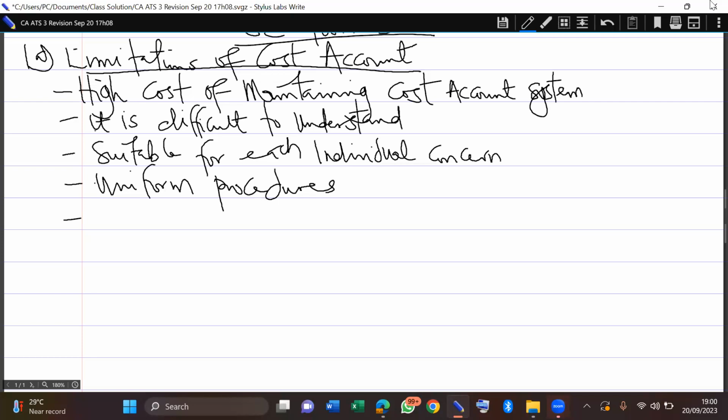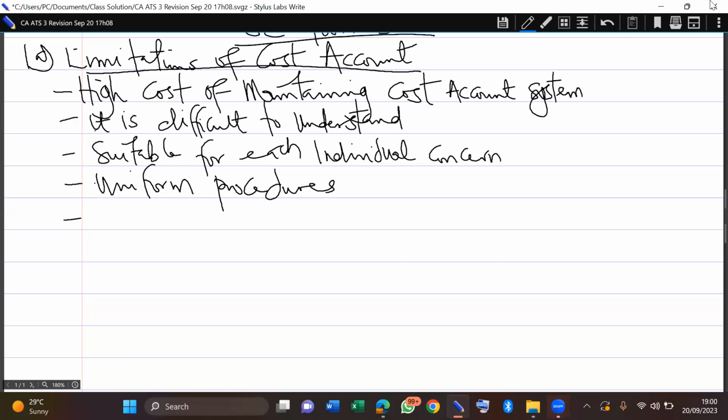Sir, give me the next one. Can we put it this way? It is not broad in nature as compared to the financial accounting system. Not broad in nature? Cost accounting is broad though.